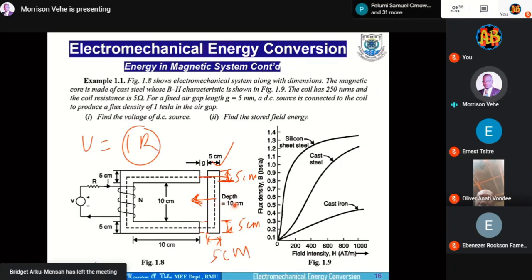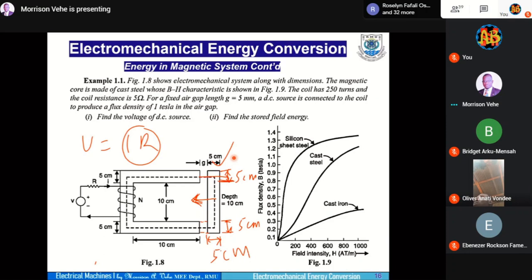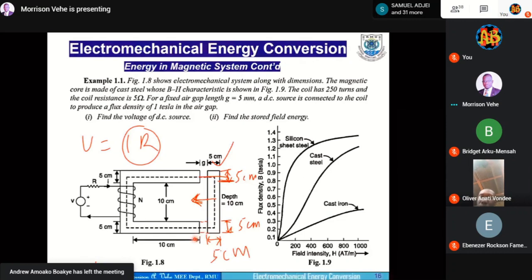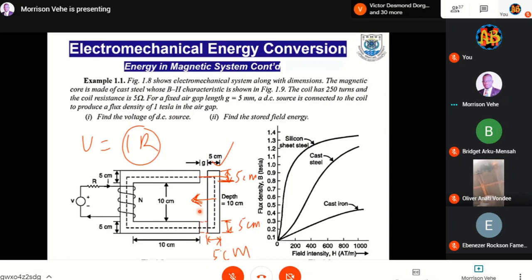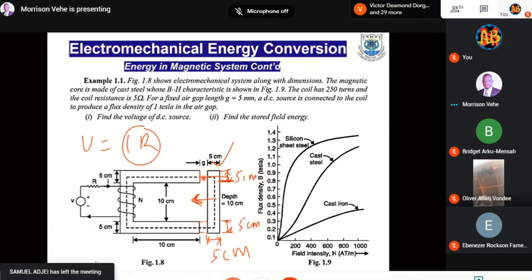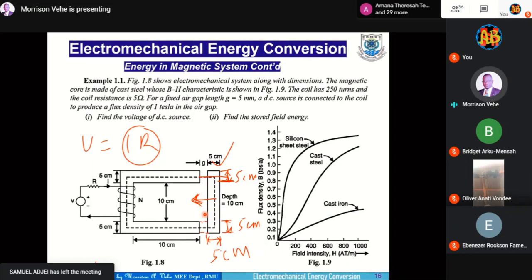And then we also have our air gap. You have an air gap here. You also have an air gap here, isn't it? Yes, sir. Okay. So if you have the volume of the whole thing, you must also consider the air gap here and then the air gap here.